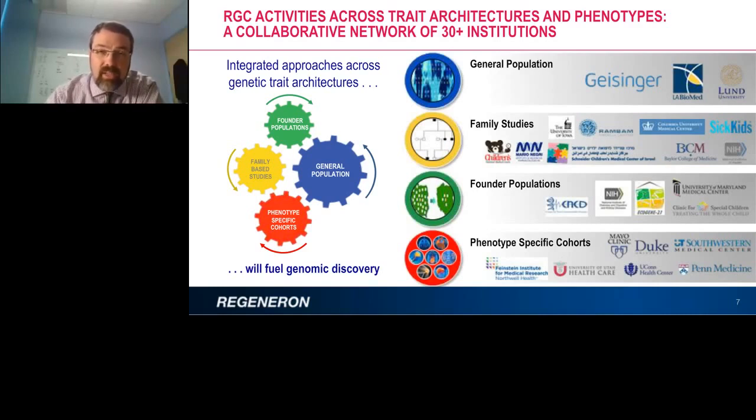Also, at the other end of the genetic spectrum, we have a variety of collaborations around family studies where we can identify individual families with carriers of high impact variants that cause highly penetrant disease.